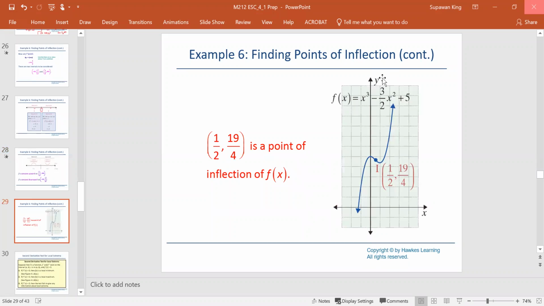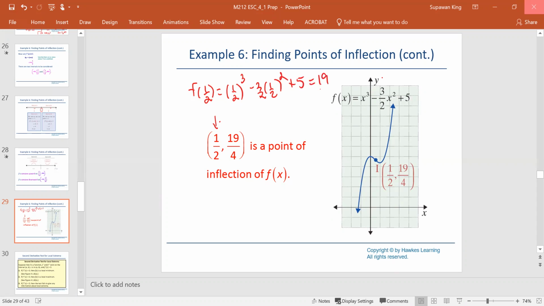And to sketch the graph, since the sign of f double prime switches from negative to positive at the hypercritical value 1/2, 1/2 will give you the point of inflection. So we find the function value at 1/2 by evaluating the original function, which is 1/2 to the power 3 minus 3/2 times 1/2 to the power 2, and then plus 5.